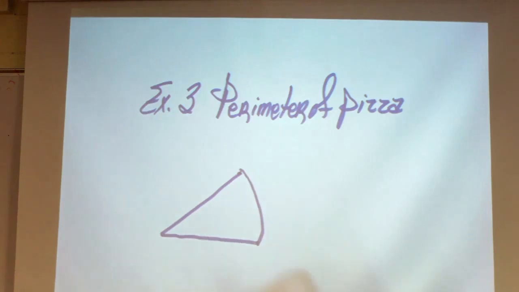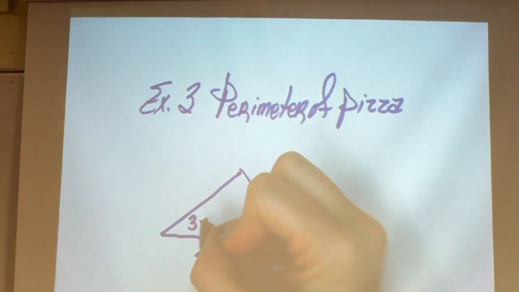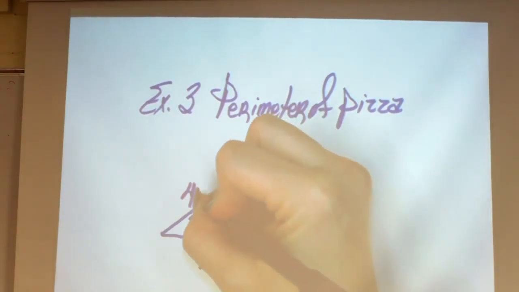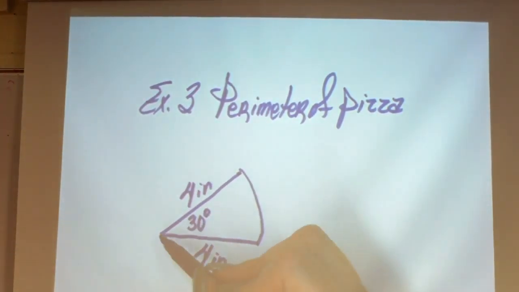Here's your arc length. Let's say that my pizza's radius is 4 inches, and let's say that my slice is a 30-degree angle. Not very big. So if this is 4 inches, this is also 4 inches because they're both radii of the circle.